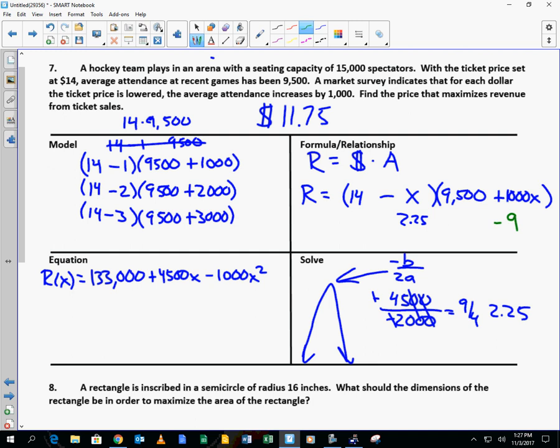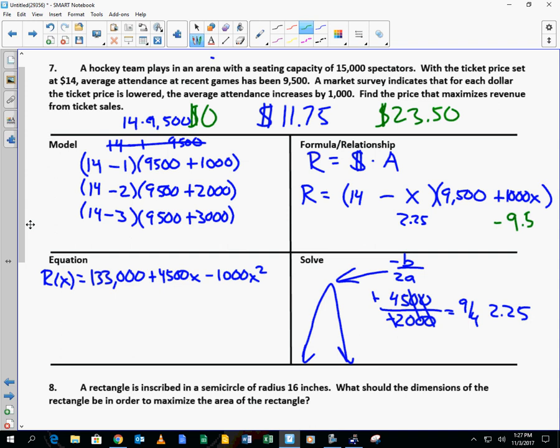You solve this, you get negative 9.5. So if x was negative 9.5, that means the ticket price would be $23.50, right? All of a sudden you increase the ticket price to $23.50, people are going to say it's too much money, I'm not going to come. So we know that the ticket price sits somewhere between the 0 and the 23.5.